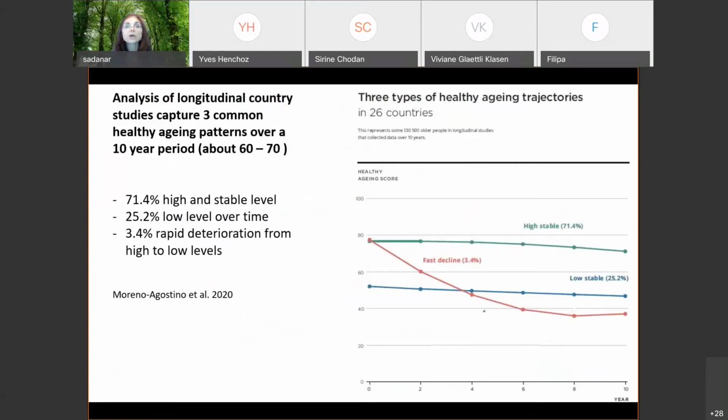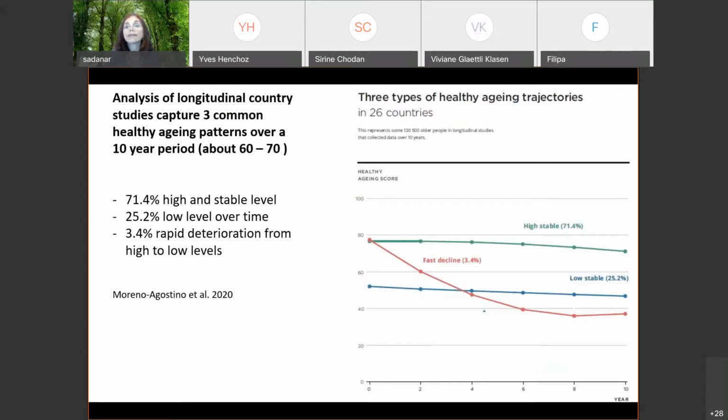This slide shows one result from the ATLAS study, where they reanalyzed existing longitudinal studies. They looked at, I think, about 15 studies with more than 130,000 older people over a 10-year period. And what they found was that they could develop 3 different trajectories.